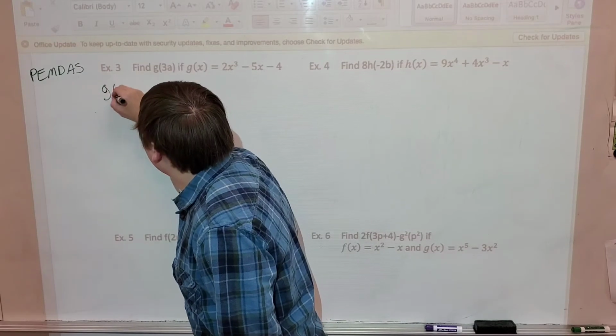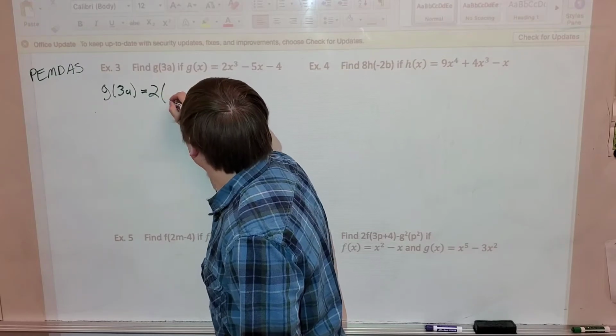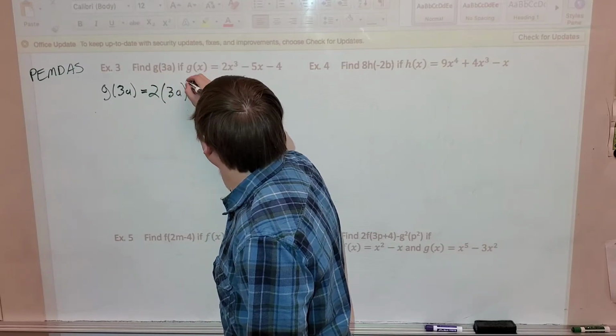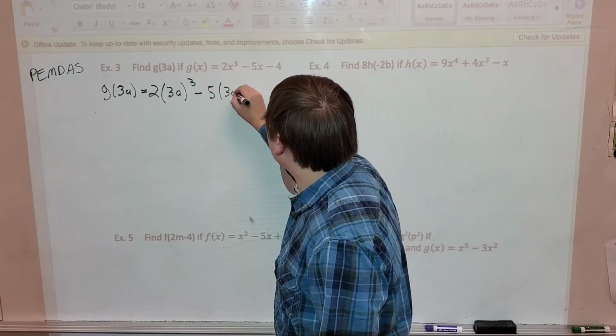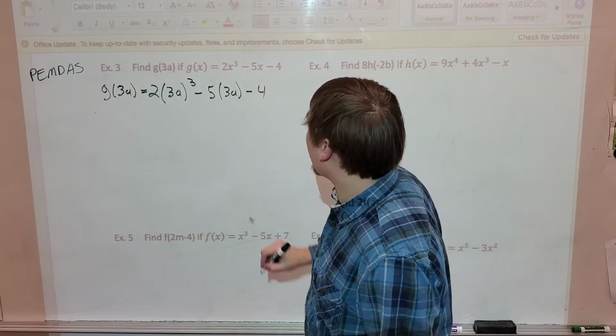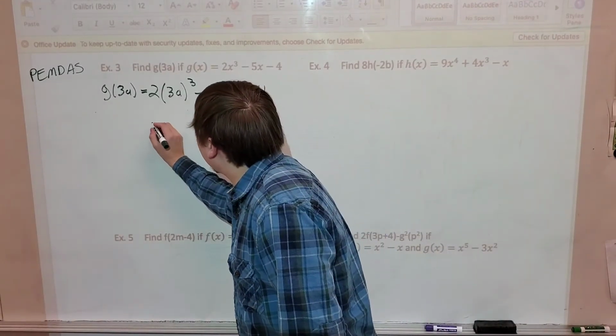g of 3a is equal to 2, and here's where x is, so we're going to put a 3a there, to the third, minus 5, and put a 3a where the x goes, minus 4. All I did was, wherever an x is, I put a 3a there. And so now we need to do some simplifying.